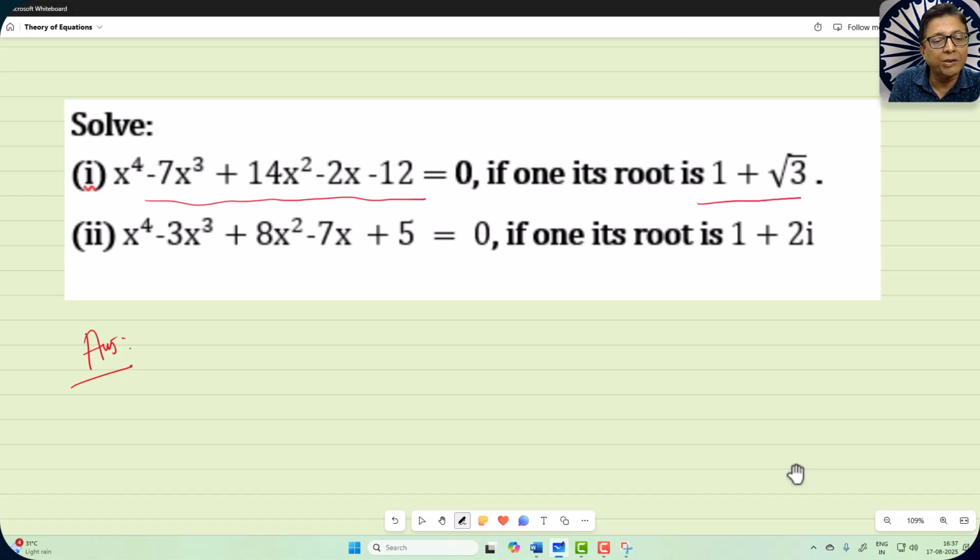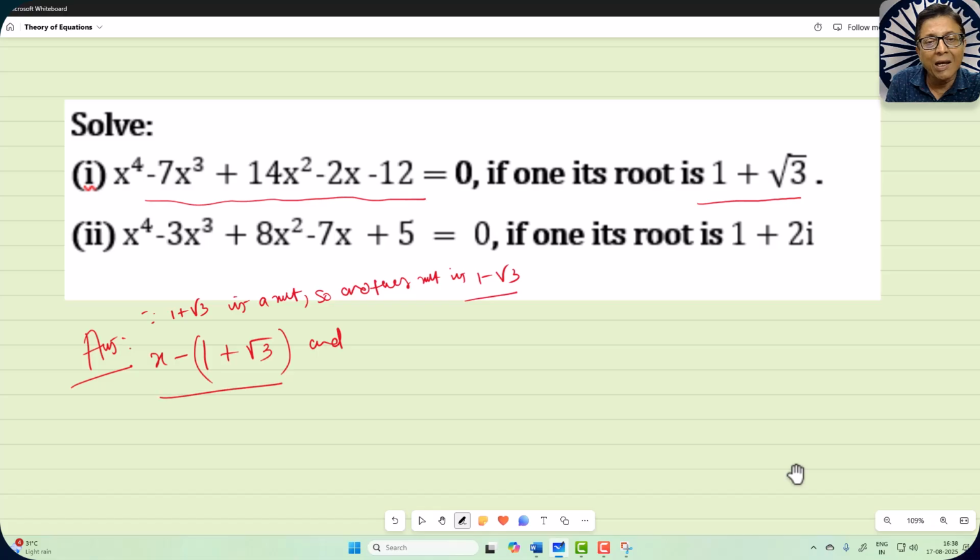Just we have done the theorem. 1 plus root 3, that is x minus 1 plus root 3, and since 1 plus root 3 is a root, another root is 1 minus root 3.